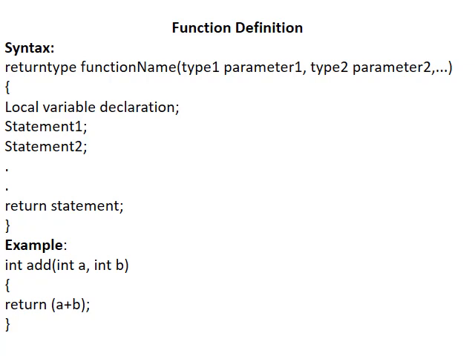These are called formal arguments or formal parameters. It takes two inputs a and b, then performs addition a plus b, and the result is returned back to the calling function. So return a plus b. So it will add two numbers and return the result back to the calling function.